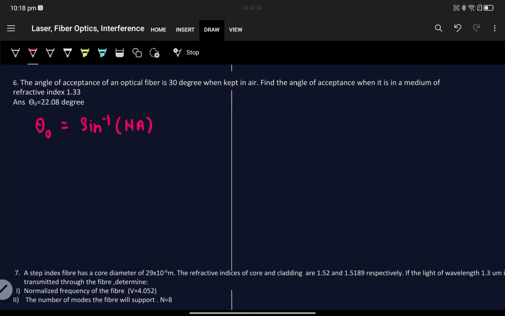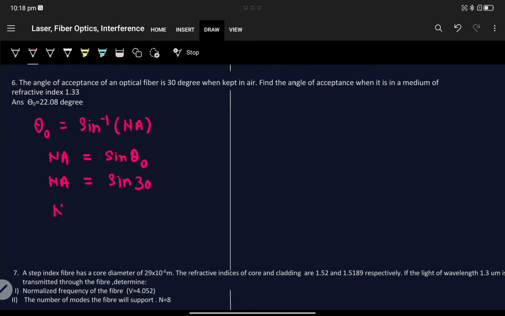So I can write the numerical aperture is sine of theta 0. Theta 0 is given, so the numerical aperture is sine of 30. Sine of 30 is 1 by 2, or 0.5. So the numerical aperture is 0.5.